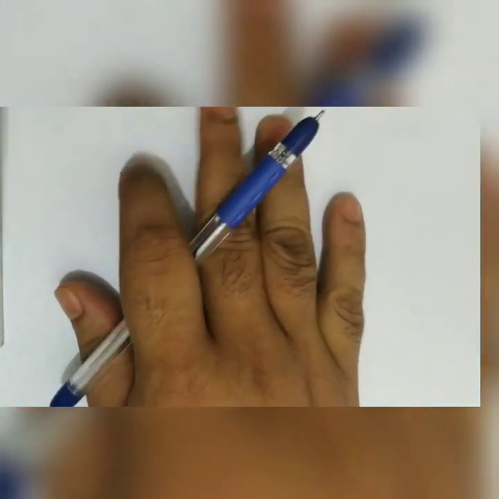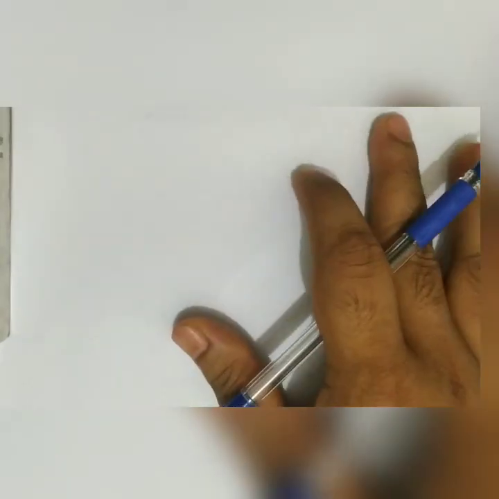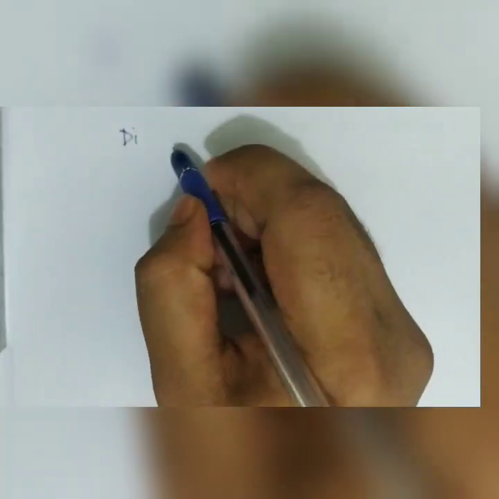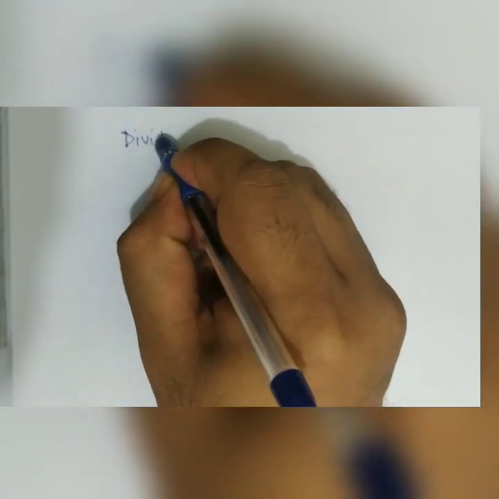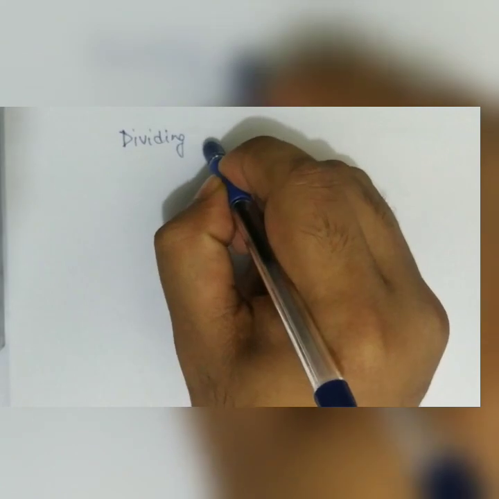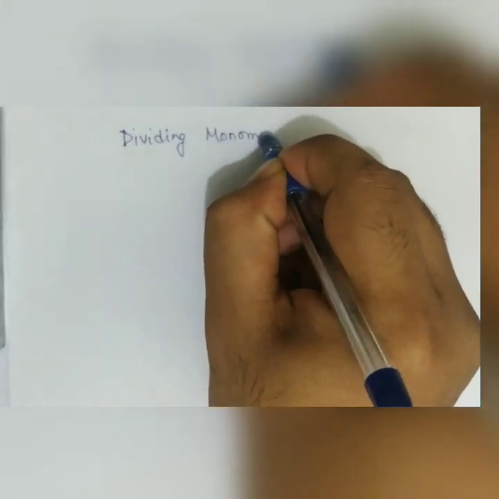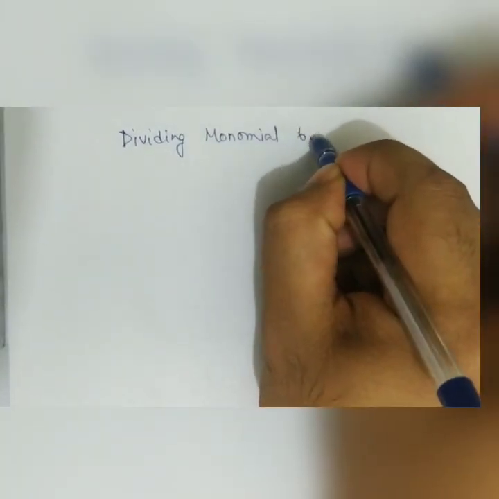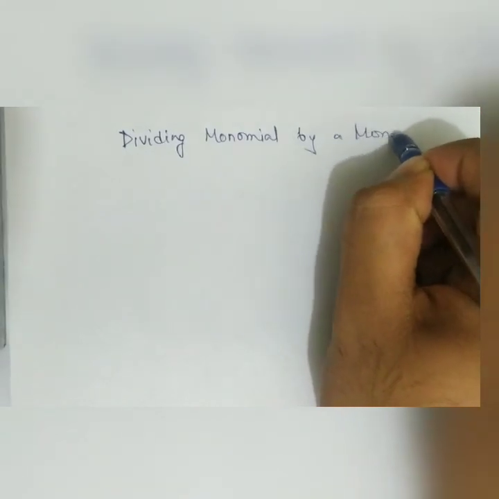Okay, let's say, first one is dividing a monomial by a monomial.